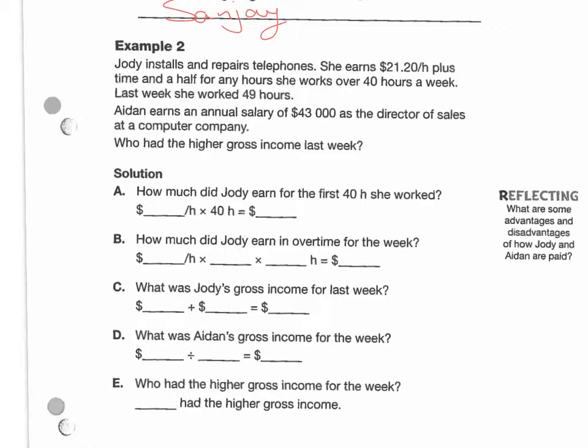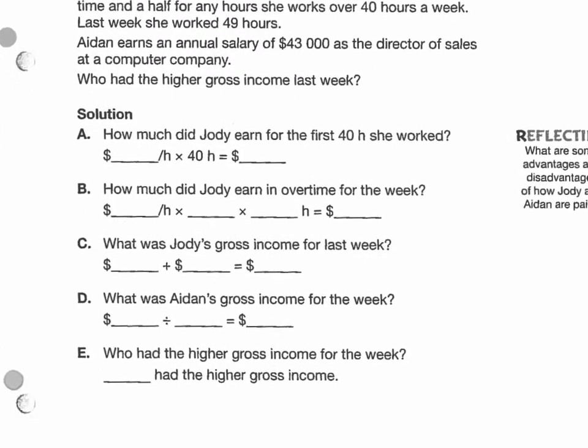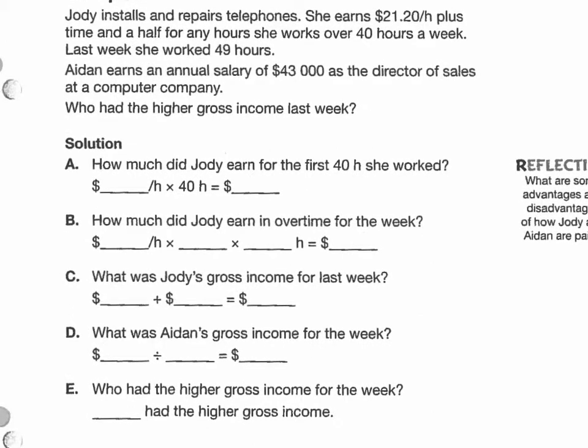All right. Jody earns. Let me zoom in a little bit here. Okay. She earns $21.20 an hour times 40 hours. So 21 times 40 is $848. And Jody worked 9 hours over, and it's 21.20 as a base, and then she earns time and a half, so multiply it by 1.5.